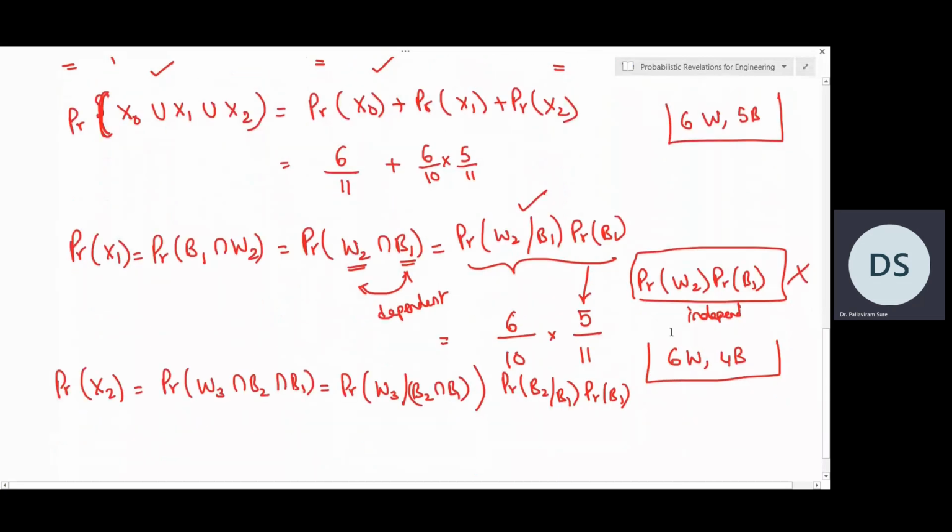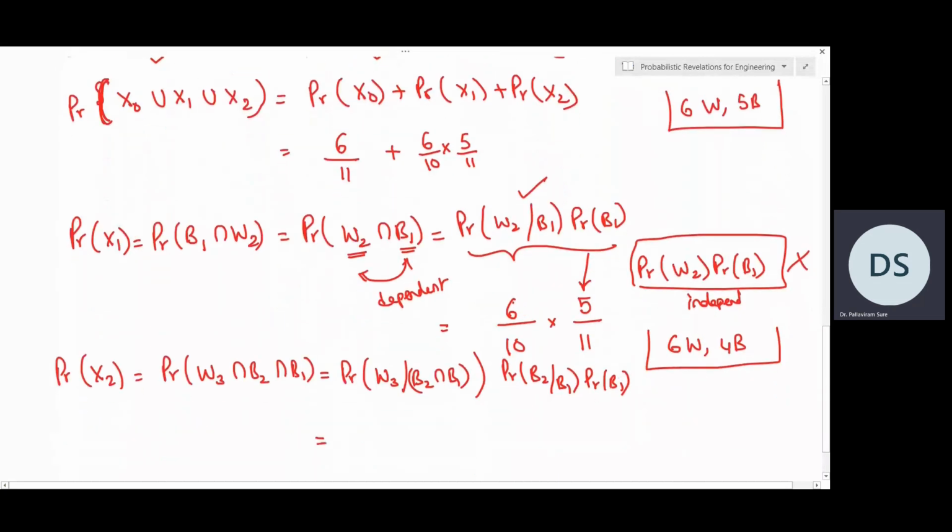So in this case, the answer can be written like this. First, when we are drawing B1, that means we have a total of 6 white and 5 black. So B1's probability stands for 5 by 11.